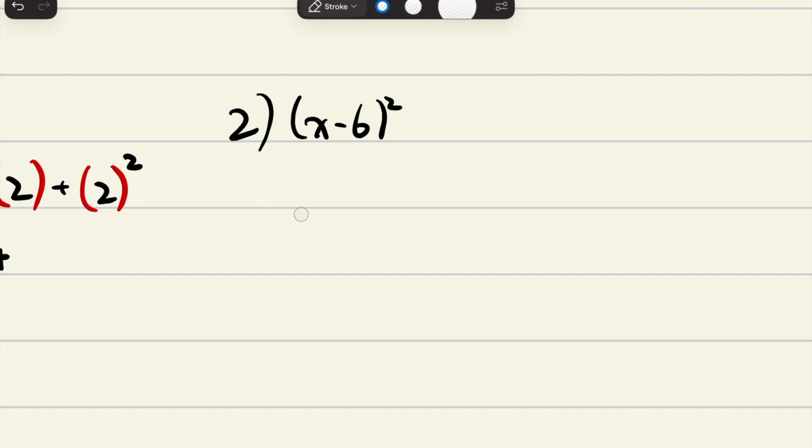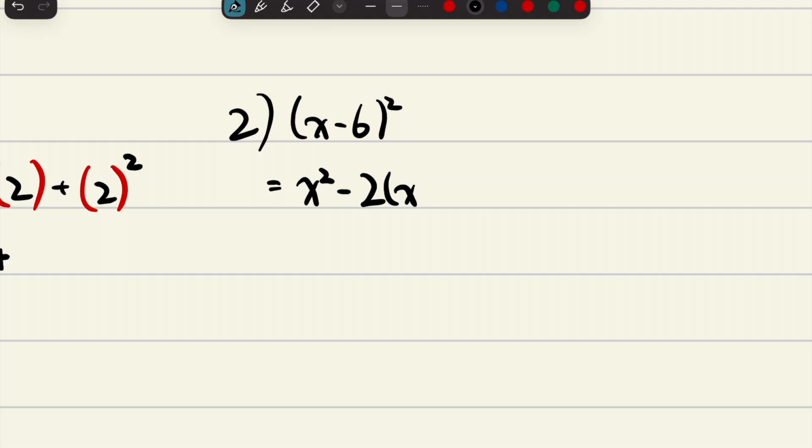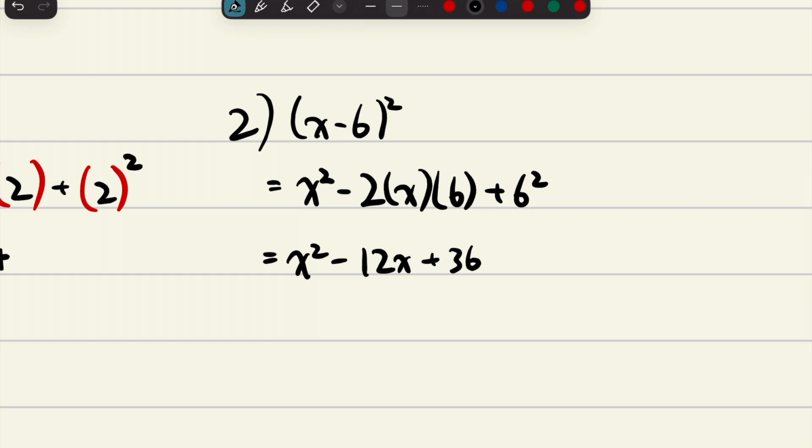So we have x as a and 6 as b. So we'll have x squared minus 2 bracket x and bracket 6 plus 6 squared, and this will be x squared minus 12x plus 36, and this will be the final answer.